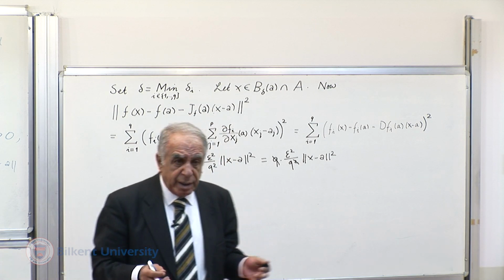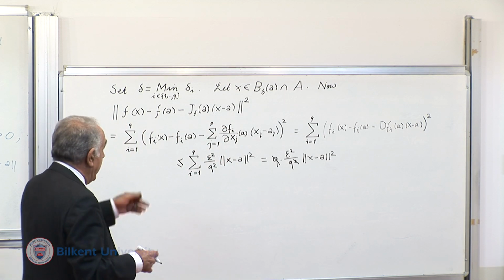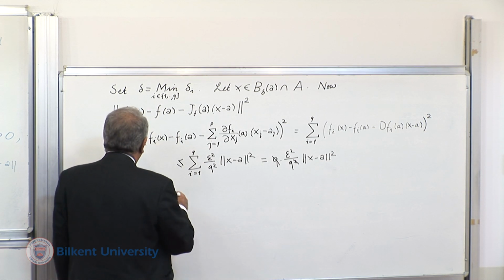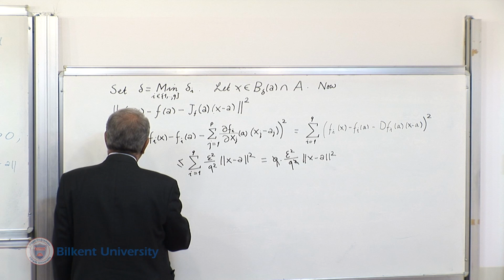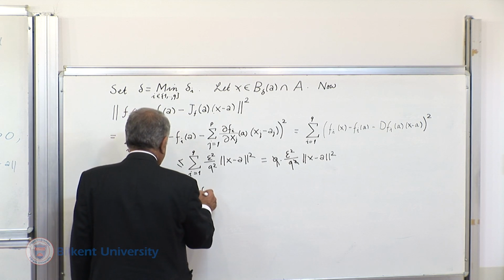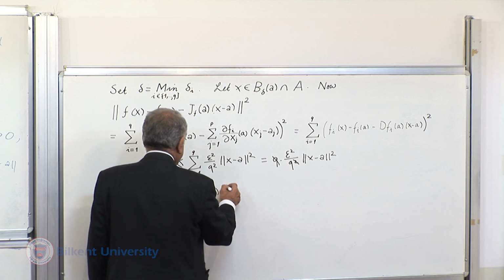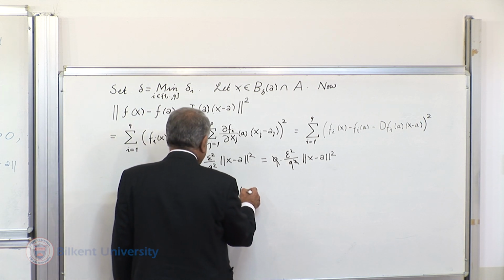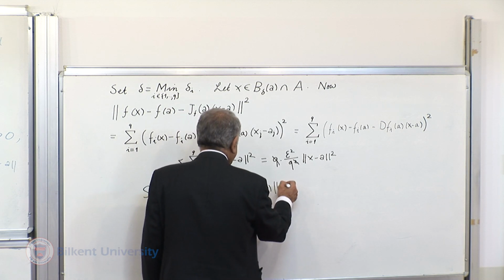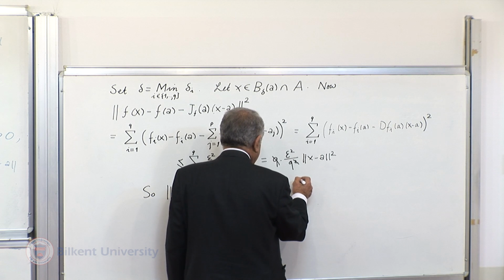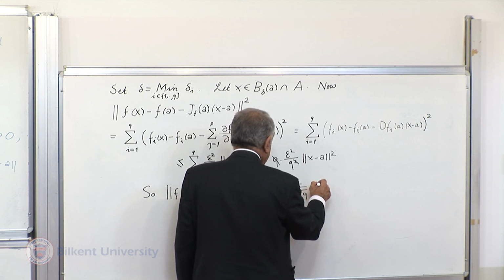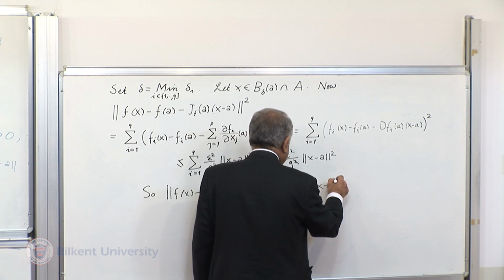Then we can take the square root of both sides. They're all non-negative, getting that this is less than or equal to epsilon over square root of q times the norm of x minus a.